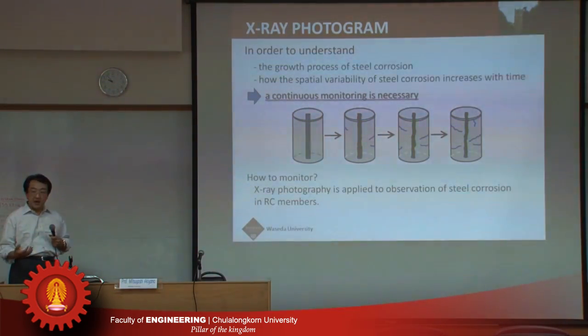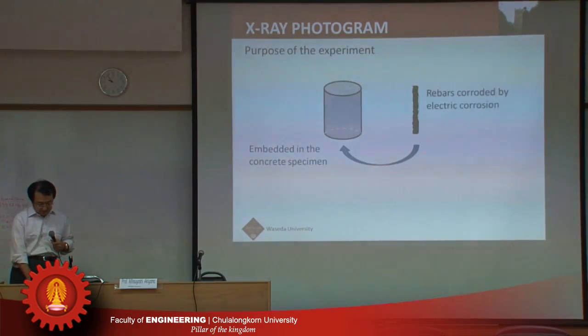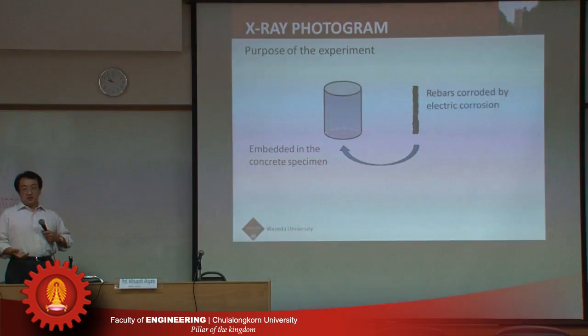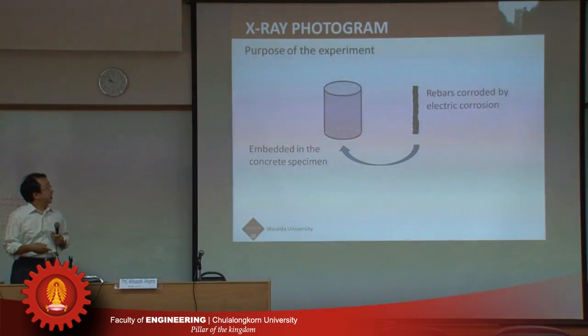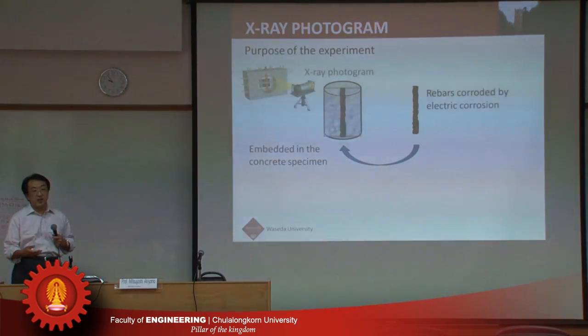So in our study, X-ray photography is applied to observation of steel corrosion in RC members. First, steel weight loss of rebars corroded by electric corrosion is estimated by weight measurement. Then the rebar is embedded in the concrete, and the concrete with corroded rebar is imaged by X-ray.